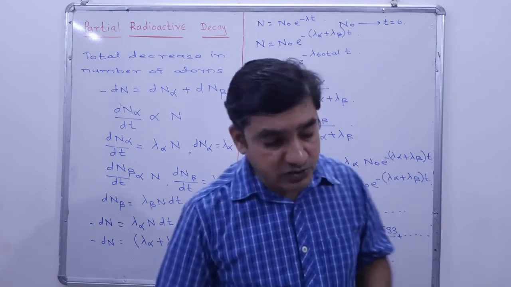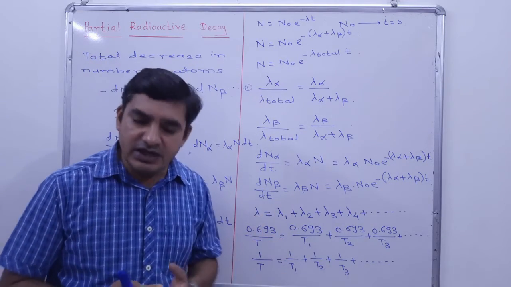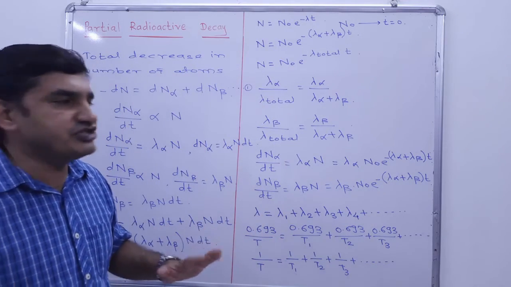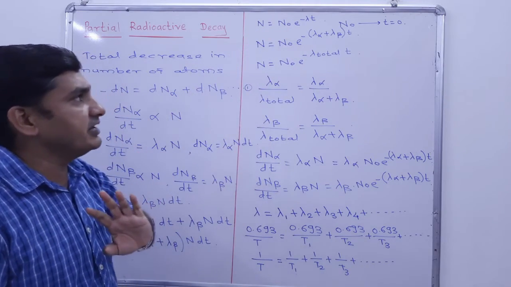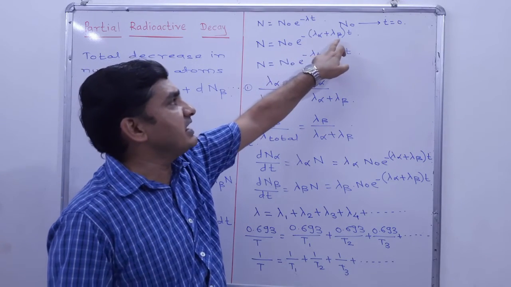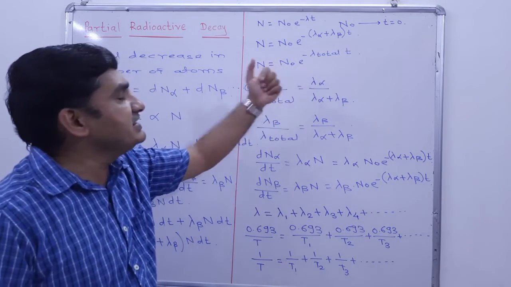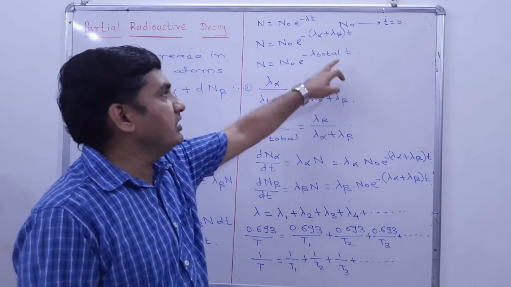According to the law of radioactive decay, the radioactive nuclei disintegrate exponentially with time, and therefore N is equal to N0 e raised to minus lambda into t. Now this lambda can be represented as lambda alpha plus lambda beta, and therefore N is equal to N0 e raised to minus lambda total into t.